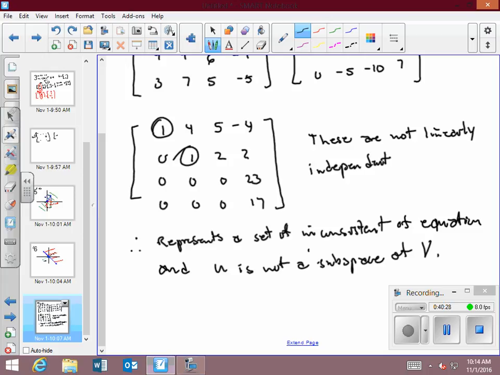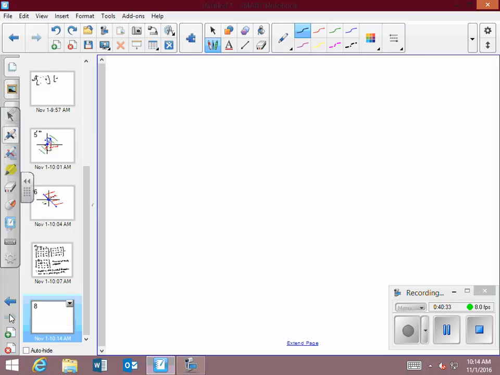So 8. This is the V1 through 3, and P equals that, and they want to determine if P is in column A, where A is V1, V2, V3.